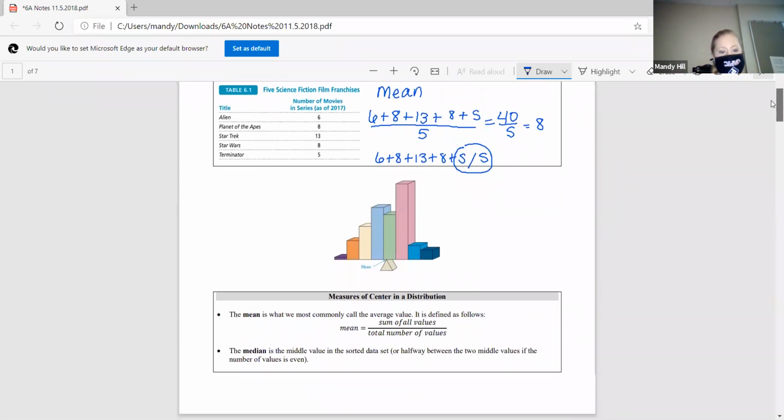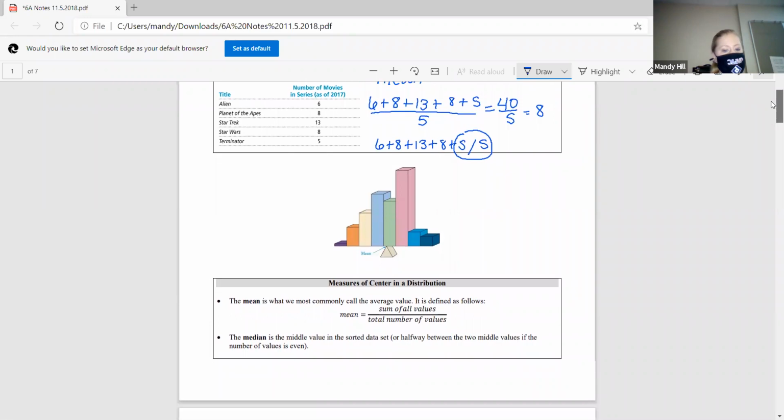The median is the middle value in the sorted data set, so halfway in between the values. In order to find the median, you have to put all the numbers in order, and you want to find the one in the middle. Sometimes there's more than one in the middle, but the goal is to find the one in the middle. If I put these numbers in order from least to greatest, 5 is the smallest one.